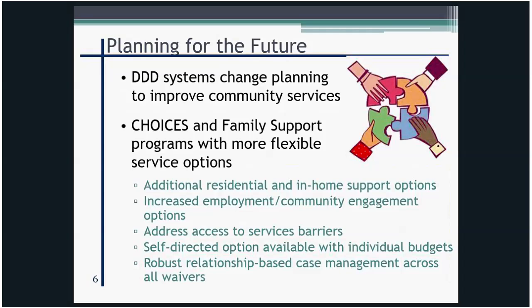What we've seen, what we've realized, what we know from data is that when we shift resources to families, they really know how to spend it. They know how to use their resources a whole lot better than providers, I would go out on a ledge and say.